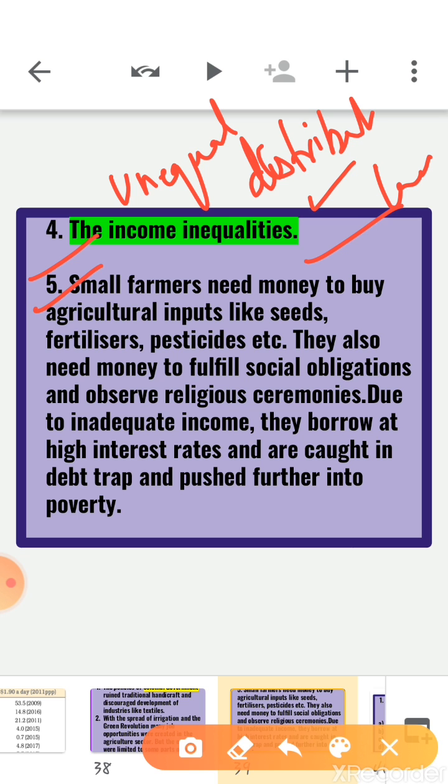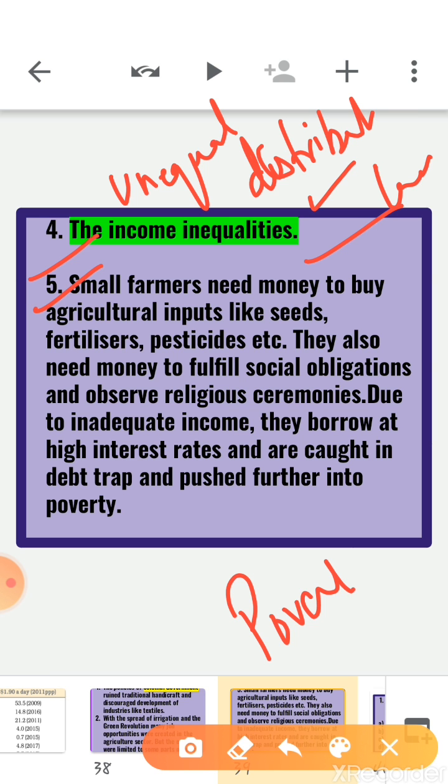Now, next, many other socio-cultural and economic factors are also responsible for poverty. In order to fulfill social obligations and observe religious ceremonies, people in India, including the very poor, spend a lot of money.